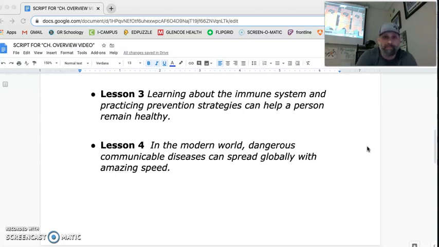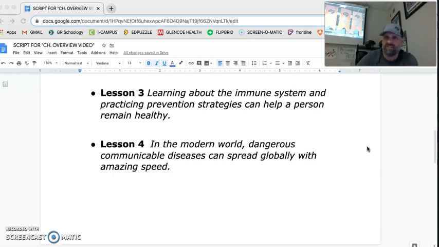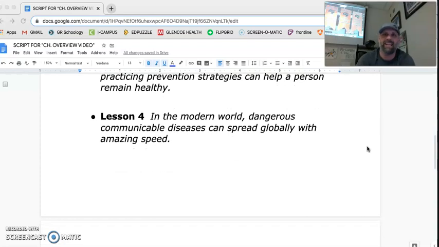Lesson 4 is going to be about the modern world. Dangerous communicable diseases can spread globally with amazing speed, and that really is such an interesting topic to talk about, because we've learned how these diseases travel and how quickly they can travel, and why in today's day and age it traveled so quickly because of international travel.